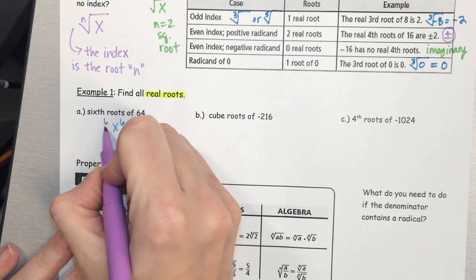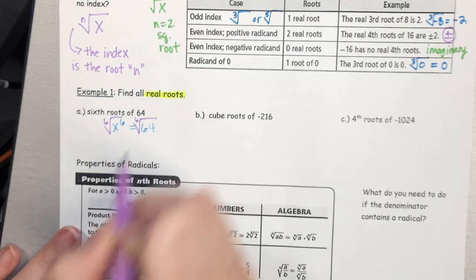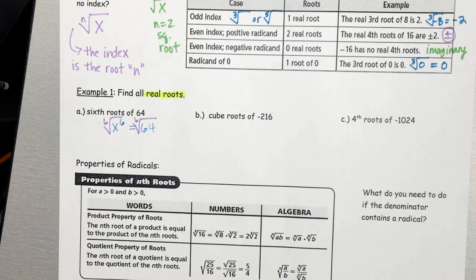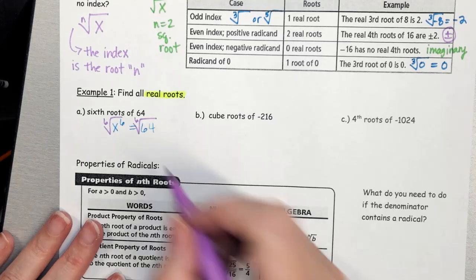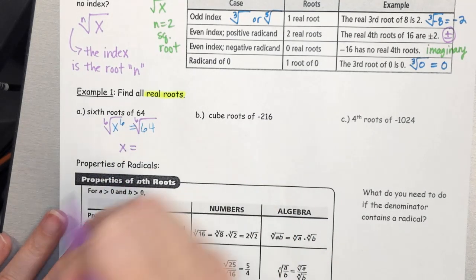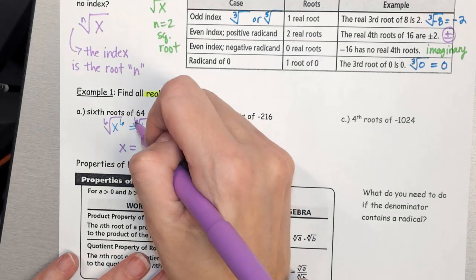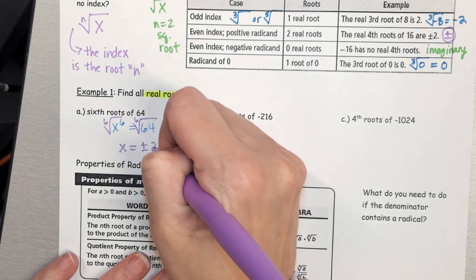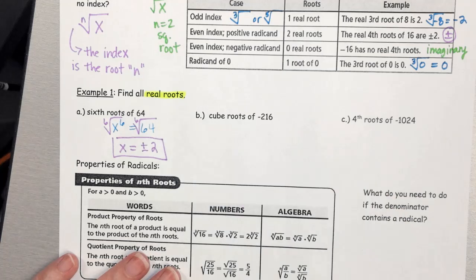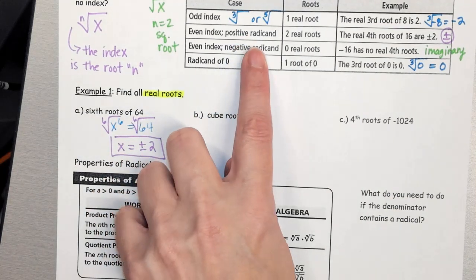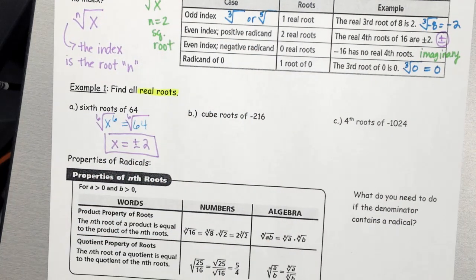So we're going to take the 6th root of each side. And then we can use our chart for this. Is the 6th root of 64 something in our chart? Yep, it says 2. So because we're taking an even root, the roots are going to be plus or minus 2. So if you have a positive radicand, you're going to have the plus or minus there if you're solving.